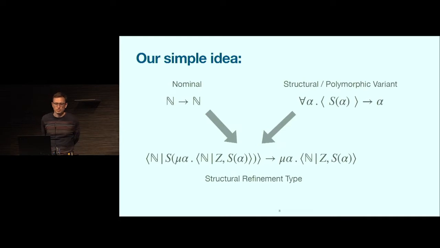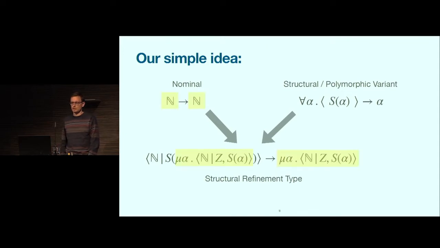So the basic idea of our paper is that we combine the typing rules for nominal data types with the rules for polymorphic variants, and we get this new type system, which we call structural refinement types.